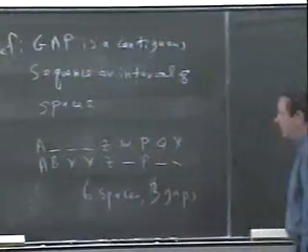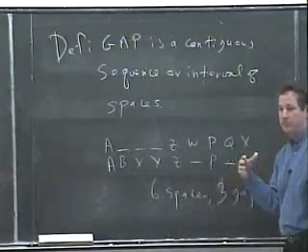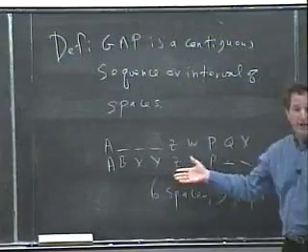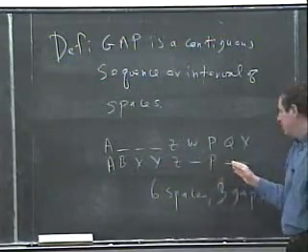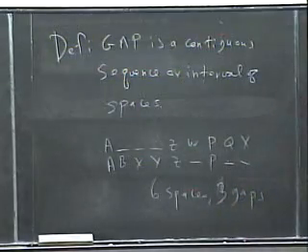So you can have different alignments that have exactly the same number of matches, mismatches, and spaces, but with different numbers of gaps. The spaces are organized into different numbers of gaps. And the way they're organized into intervals can differ.